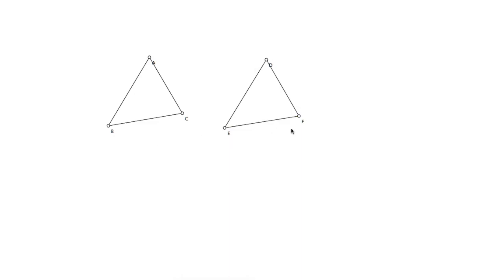Then BC coinciding with EF, AB and AC, all right, so the other two sides are going to coincide as well with DE and DF. For if the base BC coincides with the base EF and the sides do not coincide with each other, then they're going to fall at some other point, right? So if we apply the base to the base, everything's going to coincide.